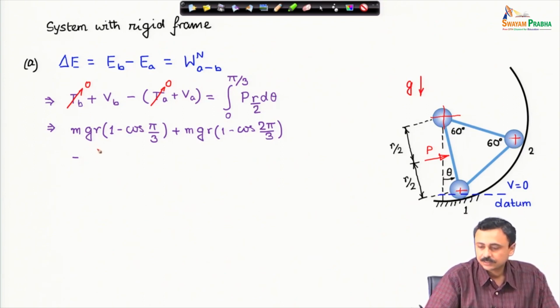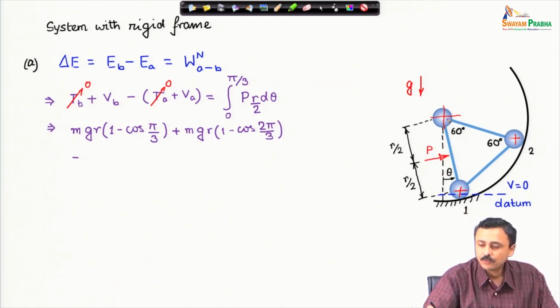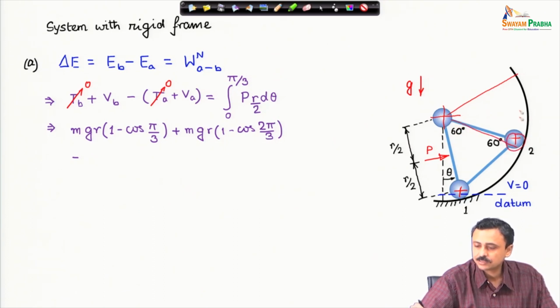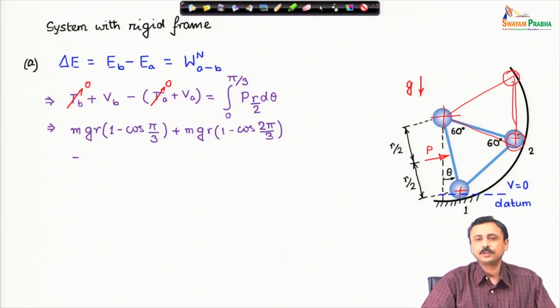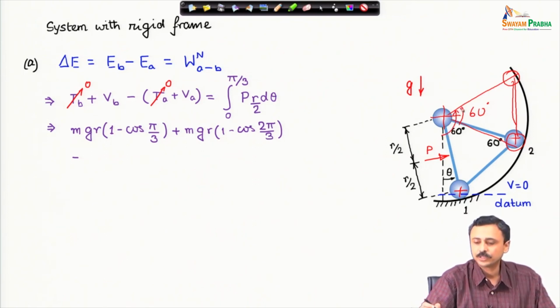For particle 1, it is mgr(1 minus cosine pi by 3). When theta equals 60 degrees, it reaches this configuration, and from the start this is 120 degrees.